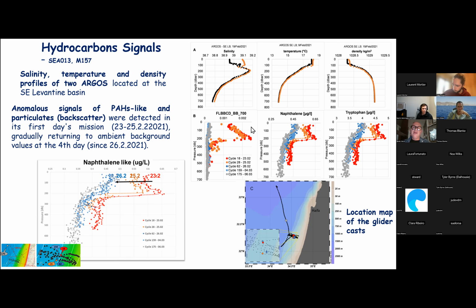And we hypothesized that part of this profile behavior and the concentration in the upper 200 meters is related to the density profile. You can see it in the upper figure here from 2 Argos that were located next to the area on the 19th of February. So it may be attributed to that.